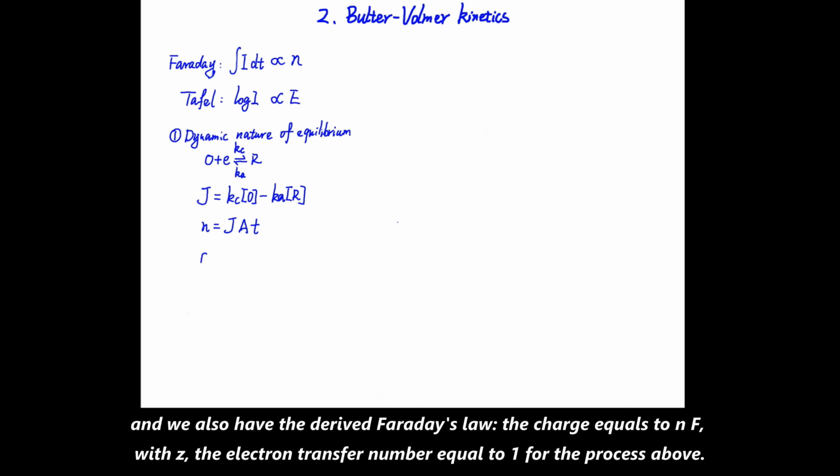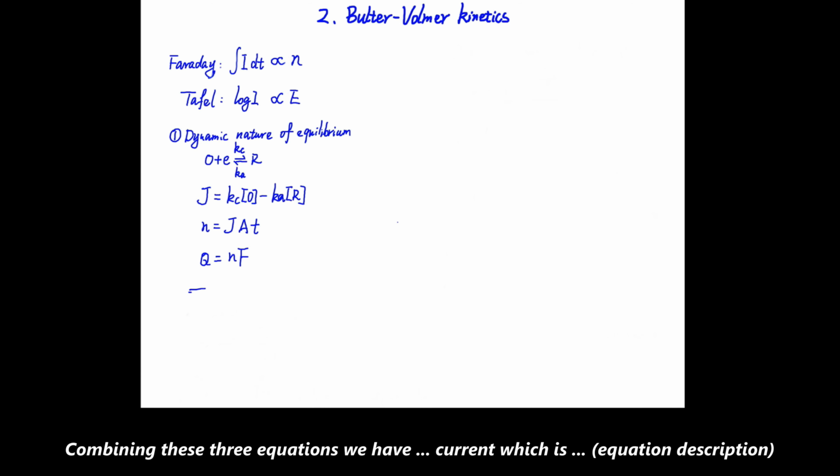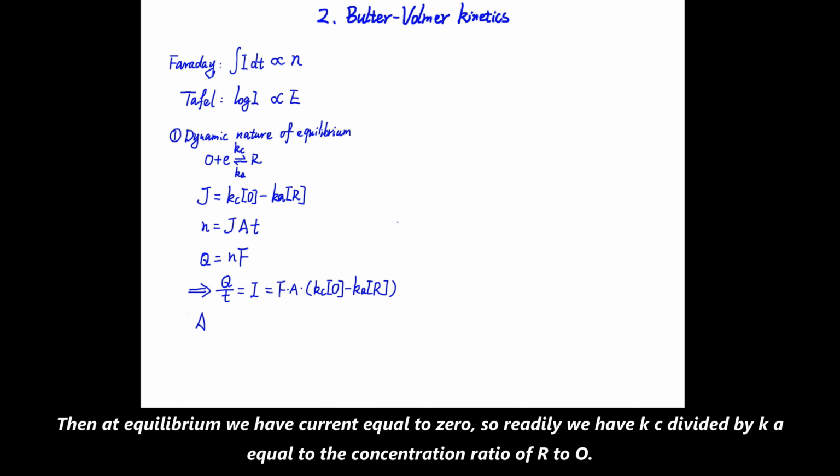And we also have the derived Faraday law: the charge equals n times F, with z, the electron transfer number, equal to 1 for the process above. Combining these three equations, we have Q divided by t equals the current, which is F times A times basically J. Then at equilibrium, we have current equal to 0.